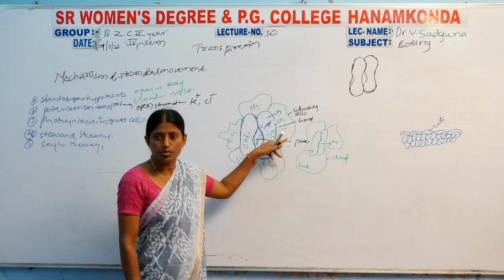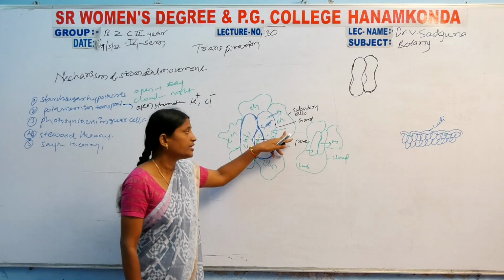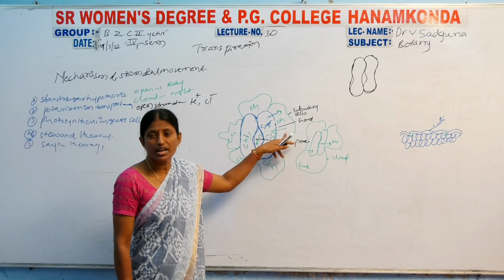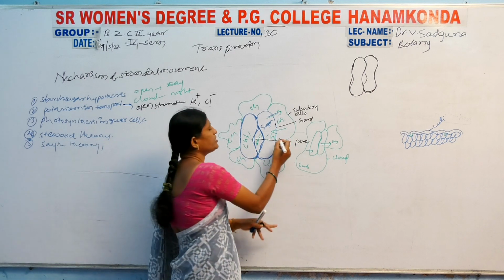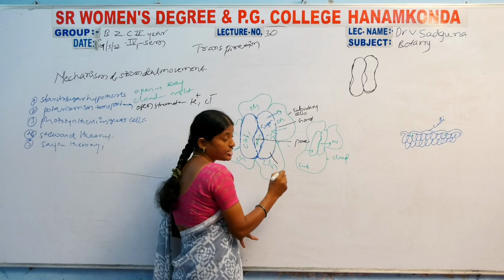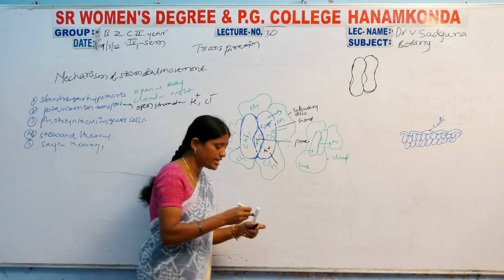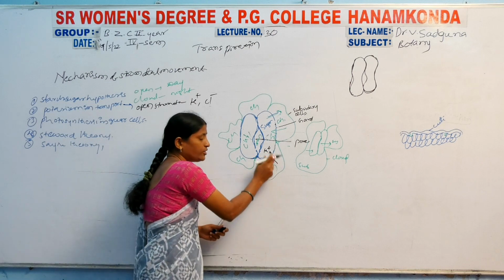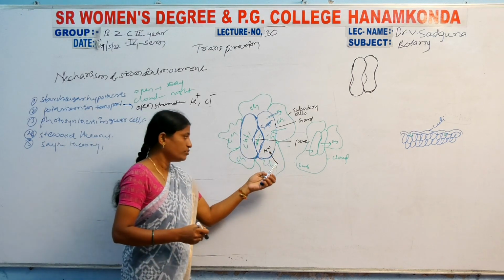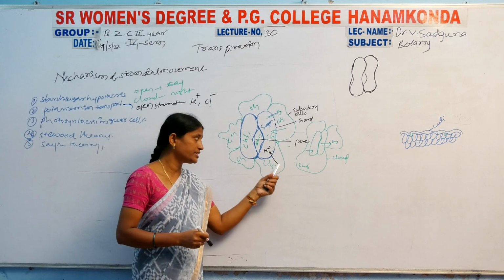Then the subsidiary cells' potassium ions transfer into the guard cells, K plus. Okay, you can see this way, from this place to this place, that is from subsidiary cells to guard cells.